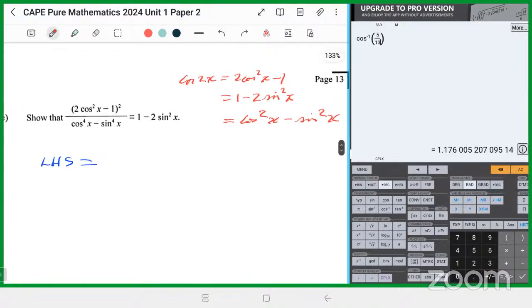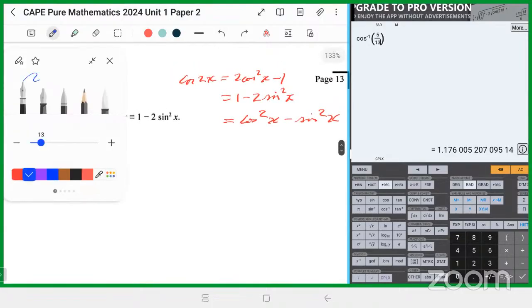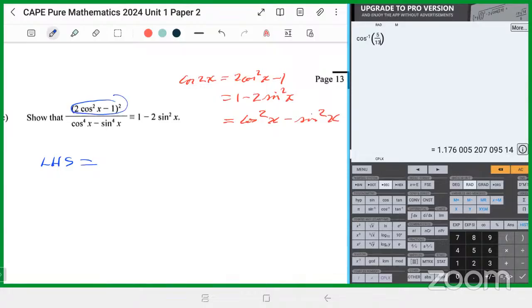All right. So the left hand side here is equal to, I'm going to write the numerator as cos 2x all squared. Okay, so I'm going to get the difference of two squares in here. I'm going to write this expression in here as this. Why am I doing that? Because I'm going to get the difference of two squares here.